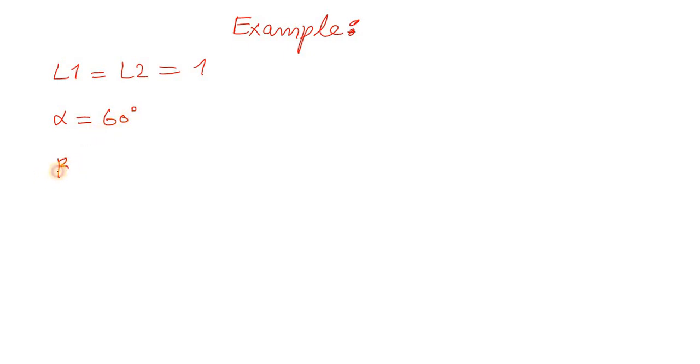Now let's see an example. So let we have L1 is equal to L2 is equal to 1, and then we have alpha is equal to 60 degrees, and we have beta is equal to minus 30 degrees.